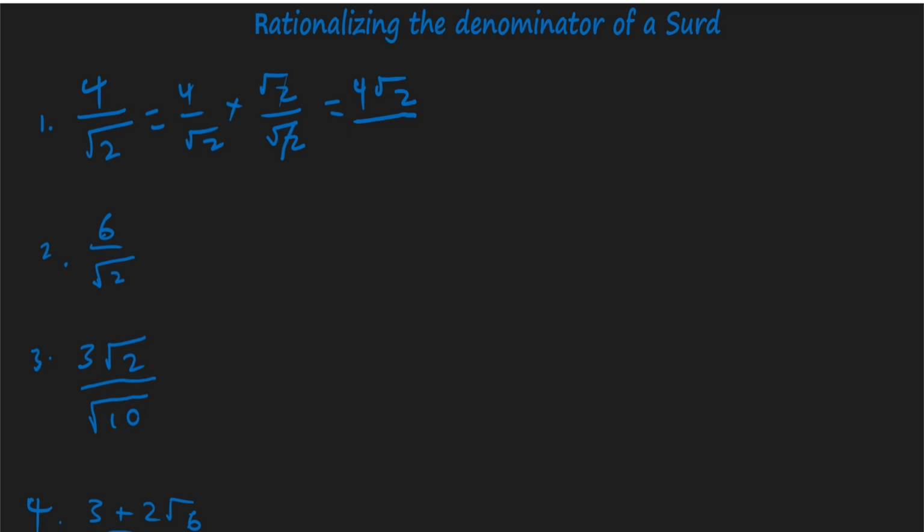We're going to have root 2 squared, which is 4 root 2 over 2, since squaring takes away the roots. The 2 can divide the 4, they are all whole numbers, giving us 2 root 2. That's it.